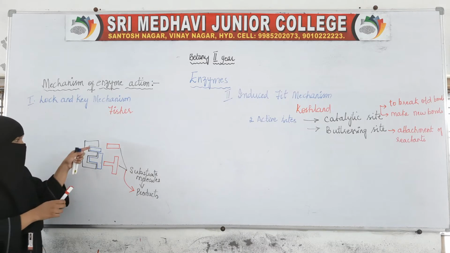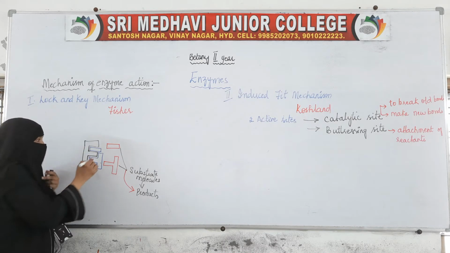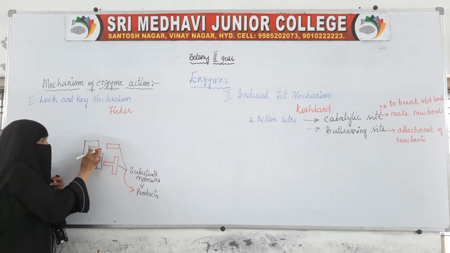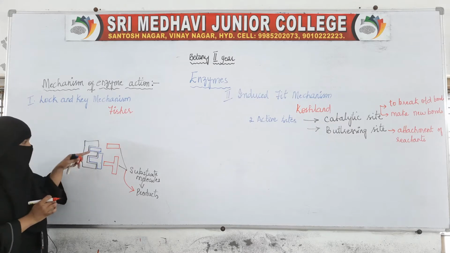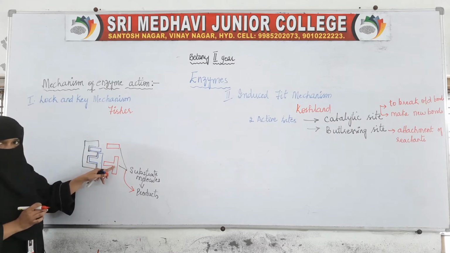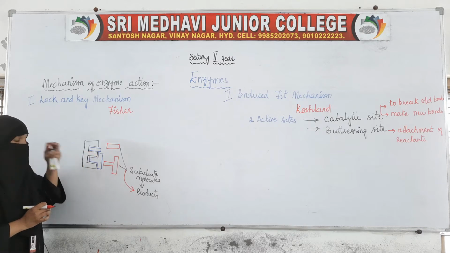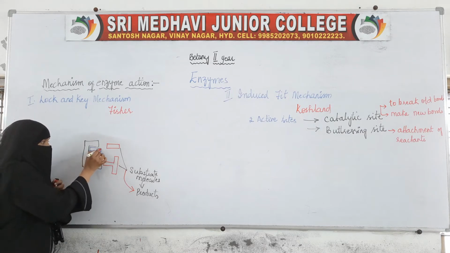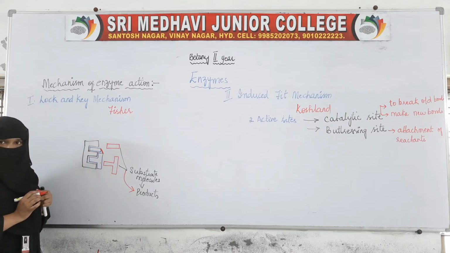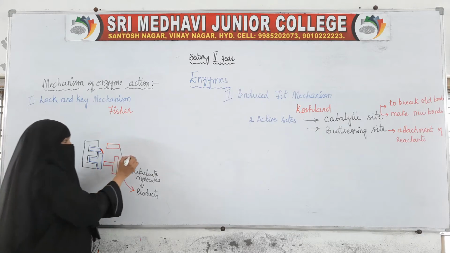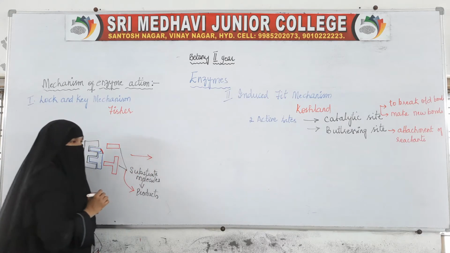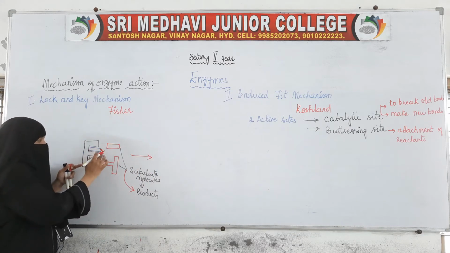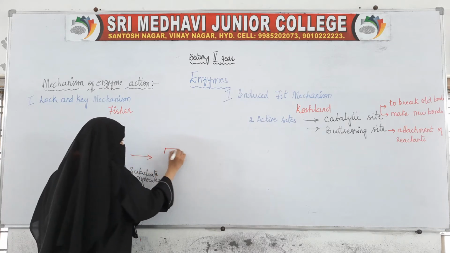As soon as the substrates come and bind on the sites, they have come very close to each other. The substrates were far away, and now they came closer to each other. When they come close to each other, a bond will be formed between these two substrates, and what we get is this one.